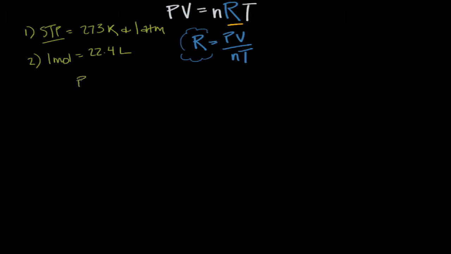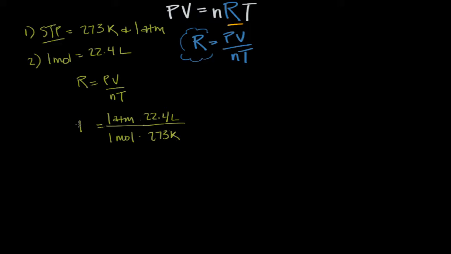So let's start with R equals PV over nT. For our conditions, we're going to talk about 1 mole at standard temperature and pressure. So for our pressure, we have 1 atmosphere, and then we have 1 mole. And we know that 1 mole is 22.4 liters, so that's our volume. And again, at standard temperature and pressure, we're talking about 273 Kelvin.